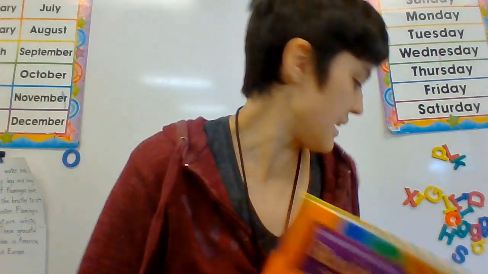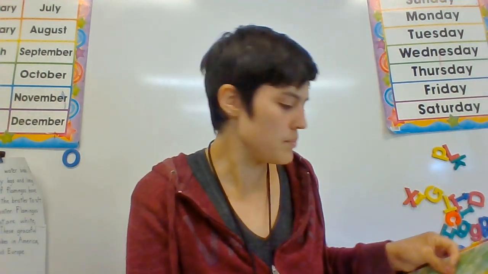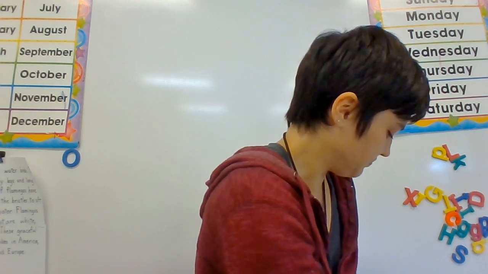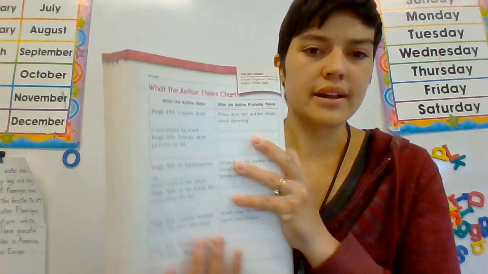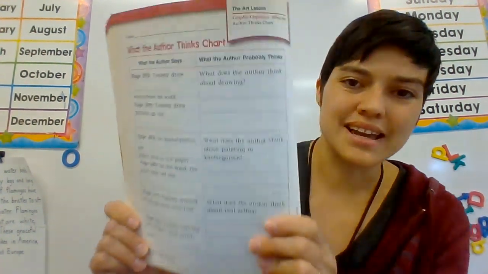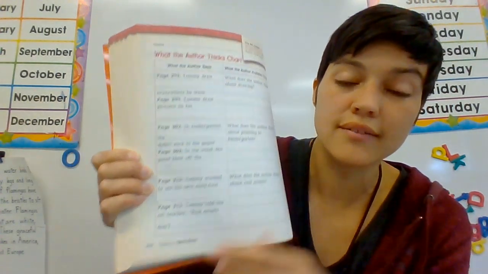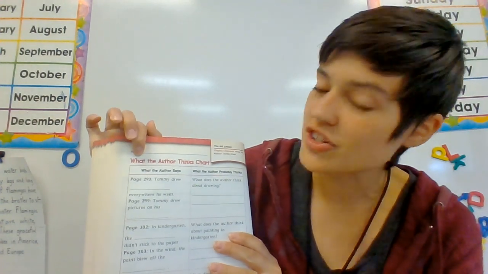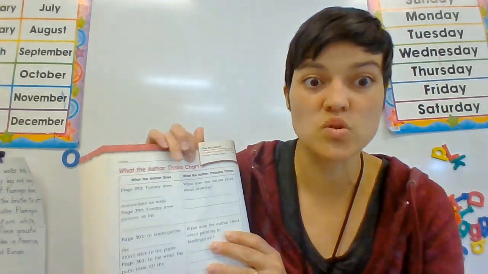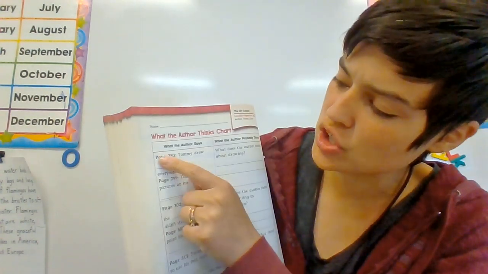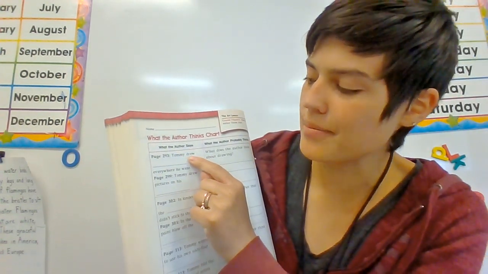Let's look at one of our worksheets to help us think through. Okay, so here is your worksheet, page 212, and it's a chart that shows what the author thinks or what he might think.